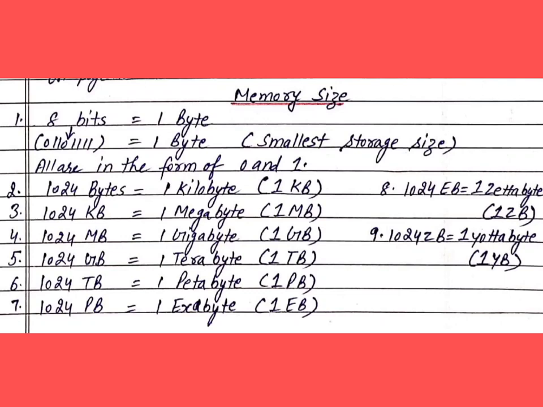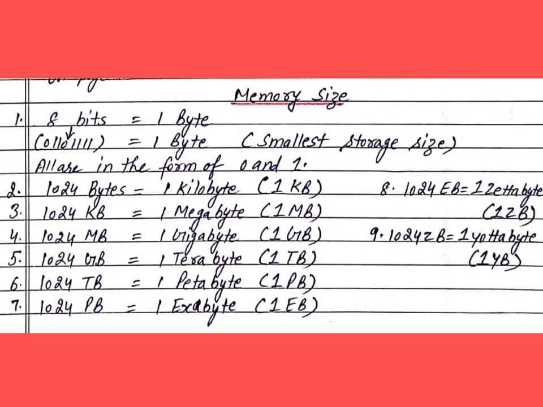Number 5, 1024 GB is equal to 1 terabyte or 1 TB. Number 6, 1024 TB is equal to 1 petabyte or 1 PB. Number 7, 1024 PB is equal to 1 exabyte or 1 EB.